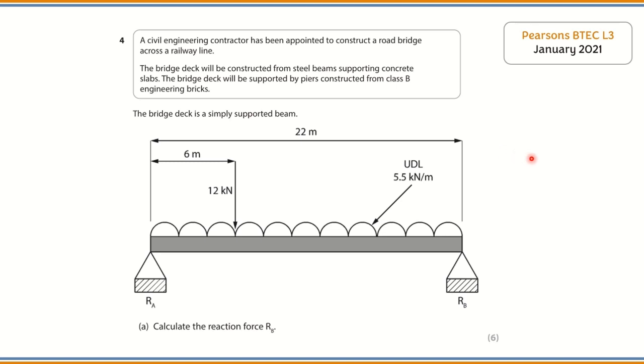This is the exam question with the scenario that explains that the beam is part of a bridge deck. What we have to calculate is the reaction force RB, which is the reaction force on the right. To solve this type of problems, we are going to follow these steps. First one, the sum of the forces in the vertical direction is 0.